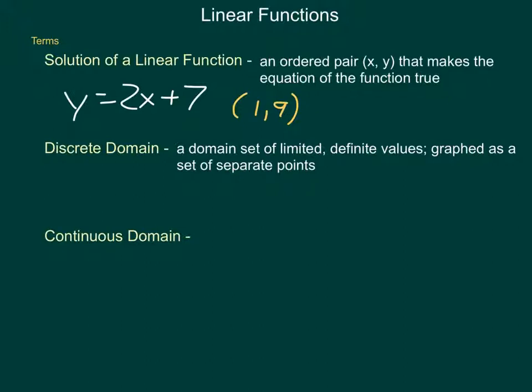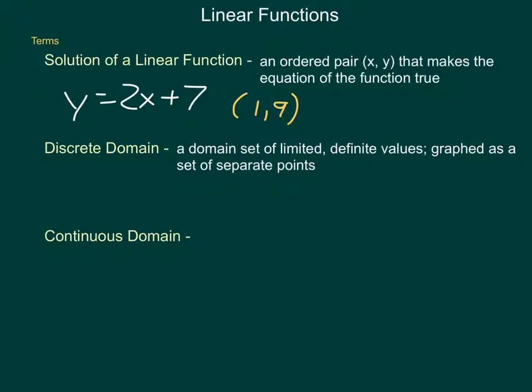A lot of times this will be used in terms of sales of items, when counting people, because even though in the United States we say there's an average of 2.3 people per household, you can't really have 3/10 of a person. So when we count actual people, we have to count whole individuals, and that is a discrete domain.